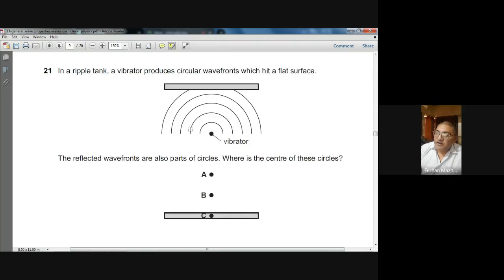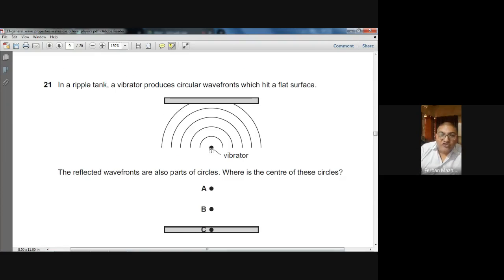Here is the actual center from where the wave fronts are being produced, and from this barrier, the waves will be reflected. The distance of the actual source, or the vibrator, is this. So its image will be exactly that much distance behind this barrier. So A looks the best option.